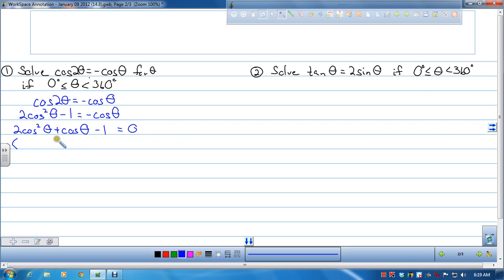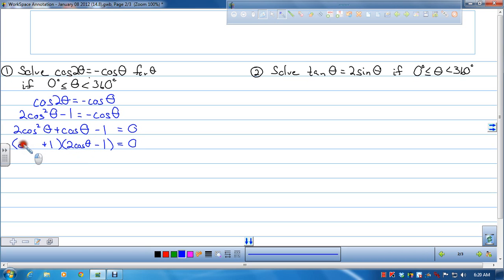I know that this will factor into 2 binomials. Okay, I know that in one I'm going to have plus 1, and in one I'm going to have minus 1, right? Because that's the only way I can get that negative 1 on the end. And I need to end up with a positive in the middle. So I'm going to want whatever gets multiplied by the positive to be my larger number. So that's going to be my 2 cosine theta.